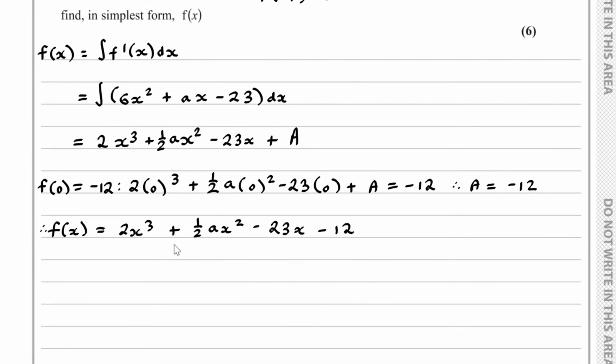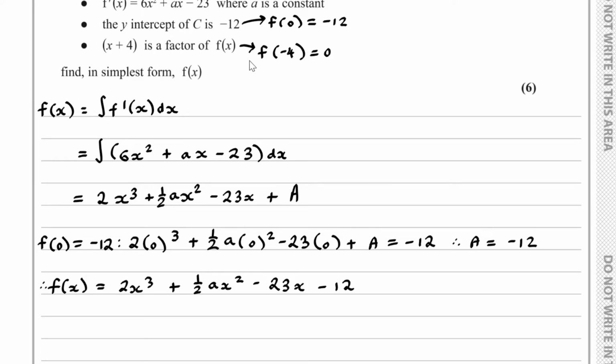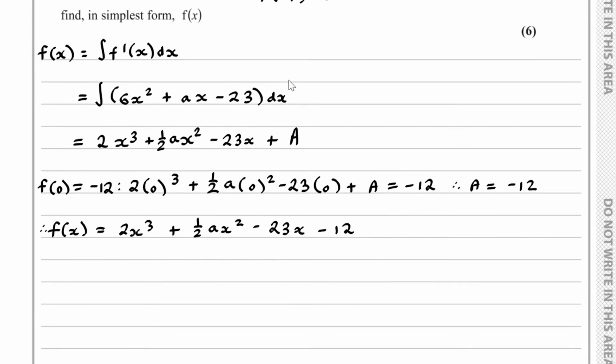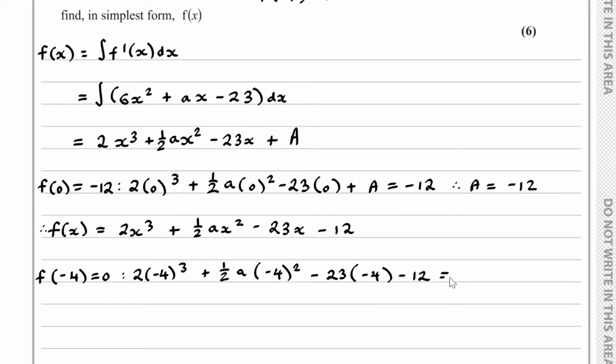Now we can find out what a is by using f of minus 4 equals 0. So, using f of minus 4 equals 0, we have 2 lots of minus 4 cubed plus 1/2 a lots of minus 4 squared minus 23 lots of minus 4 minus 12. This is equal to 0, and that's through the factor theorem.